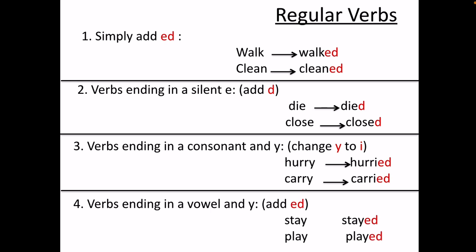So, if my verb ends with consonant and Y, I change the Y to I. But if my verb ends with vowel and Y, I don't change it, I just add ed. إذا كان الفعل ينتهي بصحيح ثم Y, نقلب ال Y إلى I. لكن إذا كان ينتهي بعلة اللي هو vowel and Y, لا نقلب ال Y, فقط نقوم بإضافة ال ed so that we can change the verb to the past.